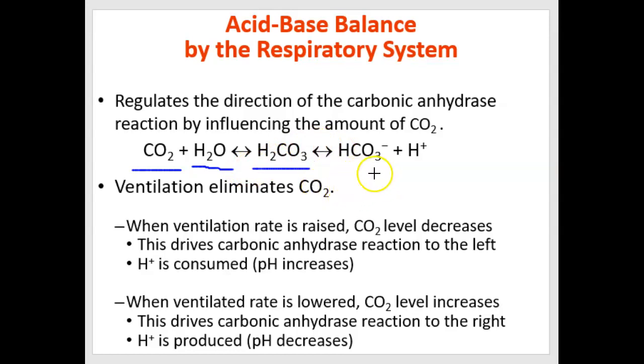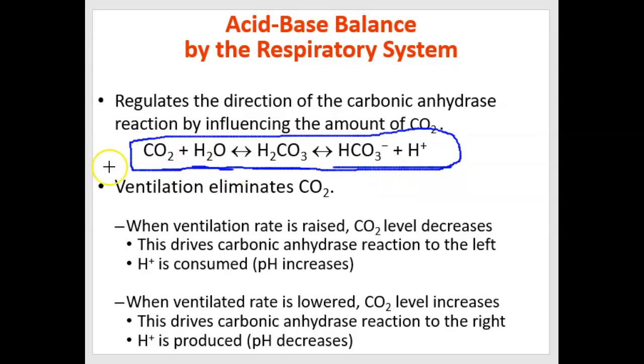And carbonic acid dissociates into bicarbonate and hydrogen ions. So the respiratory system produces, well, I shouldn't say produces hydrogen ions. I should say the respiratory system changes the direction of this reaction, therefore changing the amount of hydrogen ions in solution. Let me show you what I mean here.